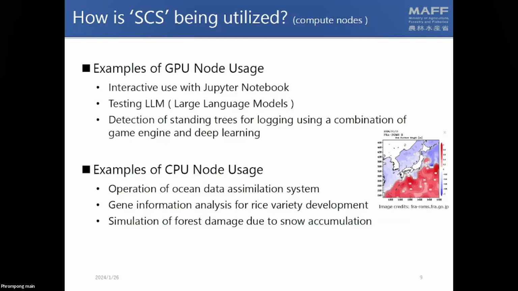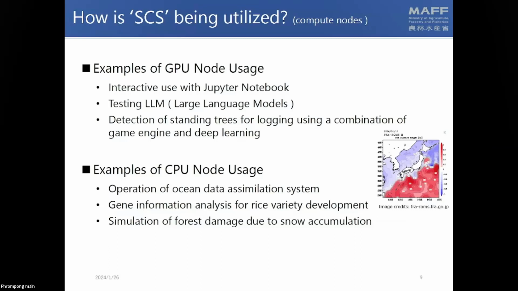I have also tested an interactive AI using the Japanese language model Rinna. Detection of standing trees for logging using a combination of game engine and deep learning. This study aims to identify target trees for logging. A virtual forest environment is created with a game engine, and the deep learning model is trained for identifying the target trees.